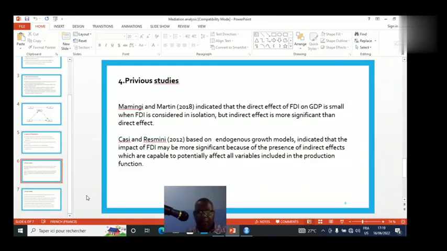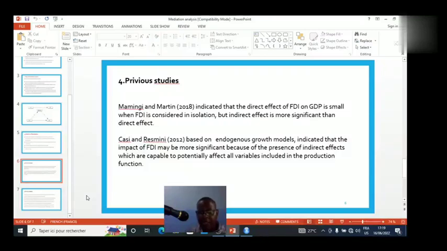Based on that, for instance, in this example, Mamy and Martin indicated that the direct effect of FDI on GDP is small when FDI is considered in isolation, but the indirect effect is more significant than the direct effect. Based on this statement, I can try to find whether what was said is correct or not.